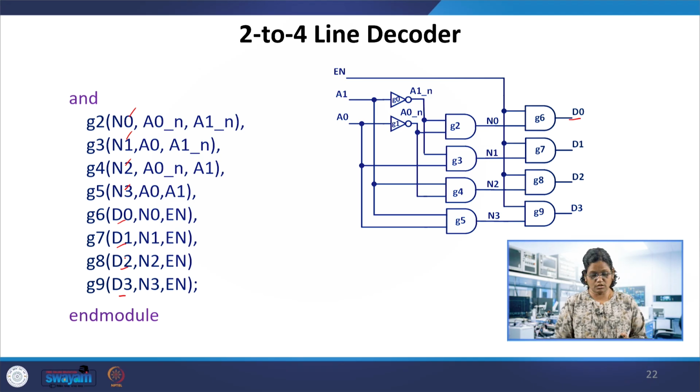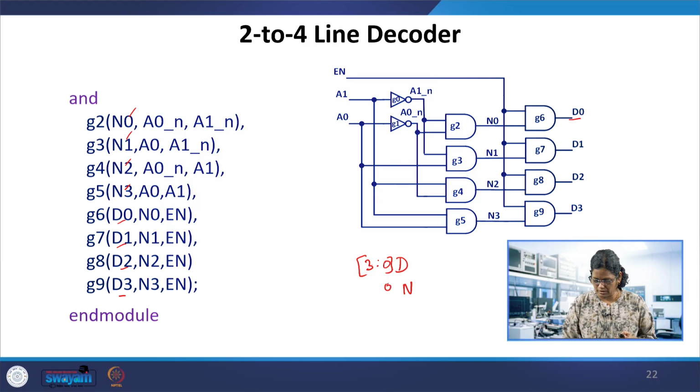Here again this could have been combined. The outputs D can be made 0 to 3. Similarly, N can be made a multi-bit vector as well. That is possible, and similarly the A lines, the select lines, can also be 0 to 1, 2 bits, and its complement AN 0, 1 can be declared.